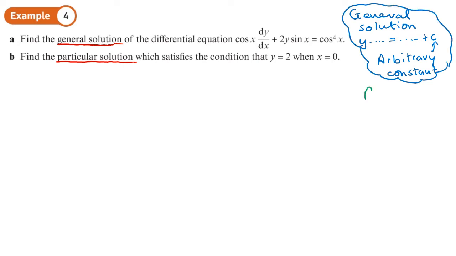For the particular solution, this is where we find c. So we work out the value of our arbitrary constant by substituting in values of x and y, by substitution of what we call the boundary conditions.